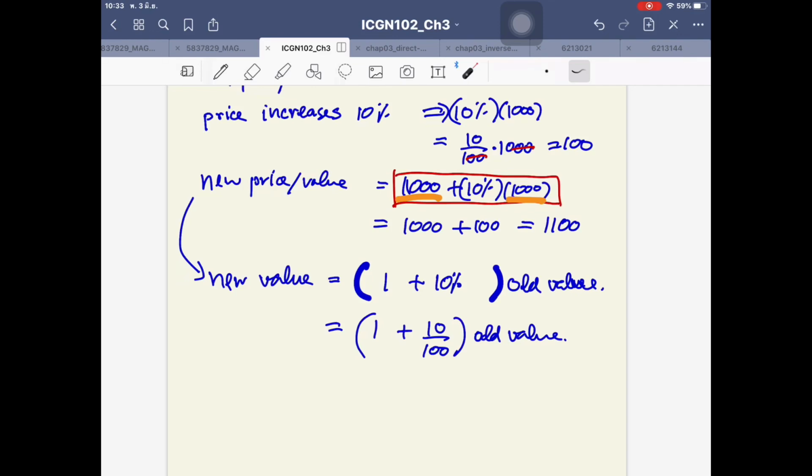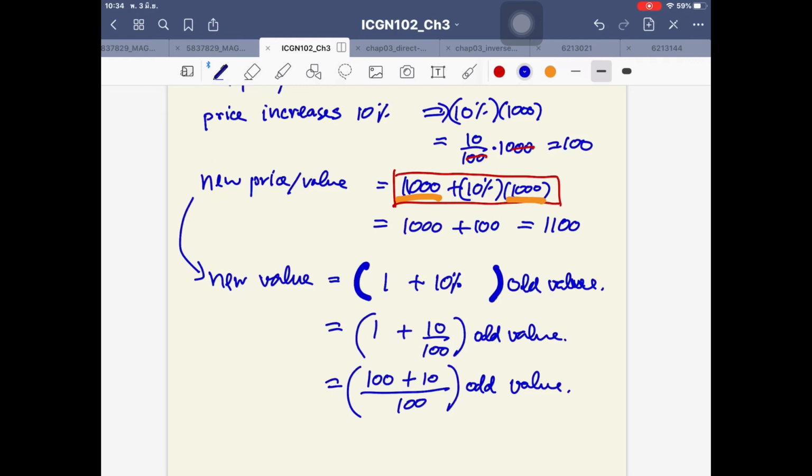For these two numbers, we can find the LCD and combine them together. The LCD is just 100. So now you have 100 plus 10 over 100, multiplied with the old value.